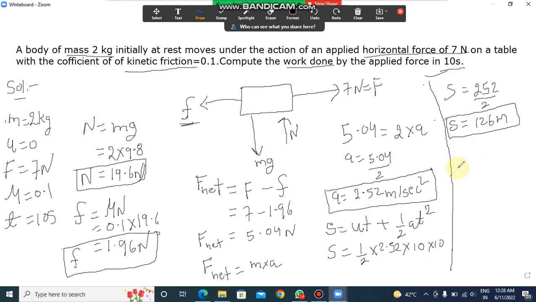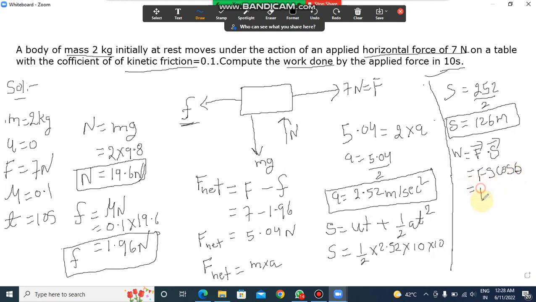Now we can calculate the work done. I have told you work done equals F vector dot S vector, because it's a vector quantity. So now it will be Fs cos theta. Both the applied force and the displacement are in the same direction, so here the theta value will be 0.